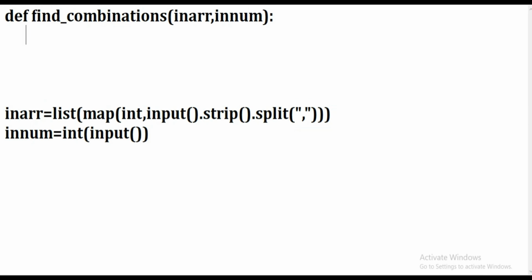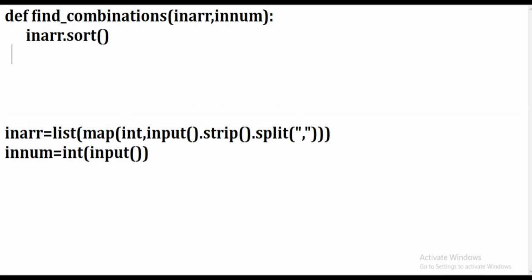After defining the function, you have to sort the array using the dot sort method. Now the array will be sorted after calling the find combinations function. Actually, the sorting ensures the combinations are generated in ascending order.